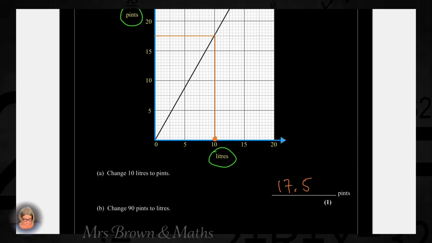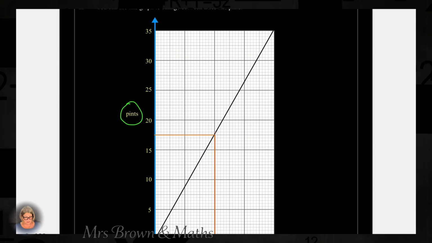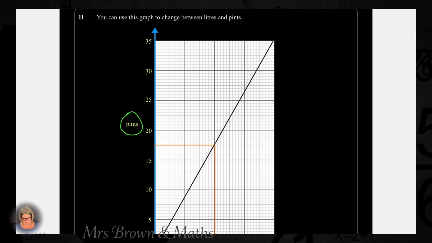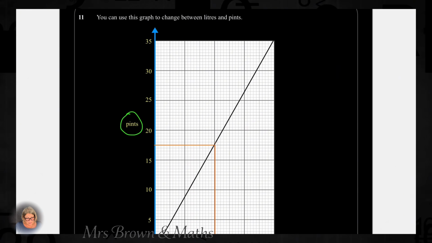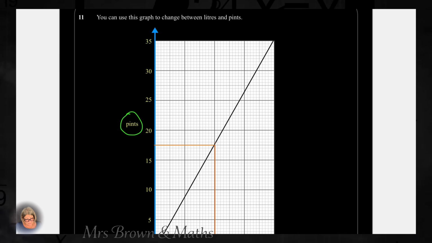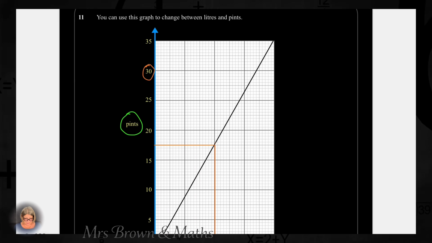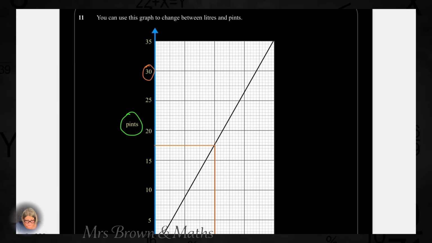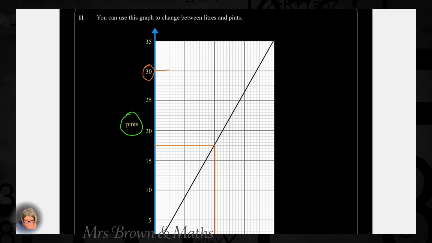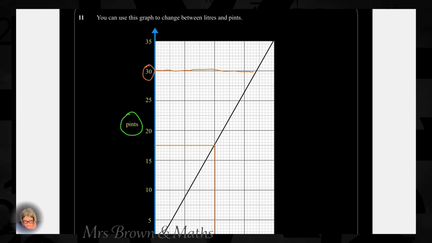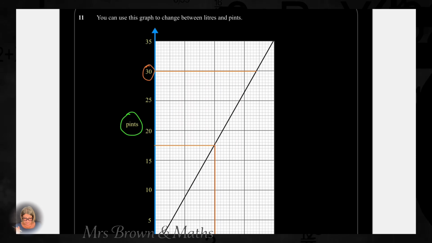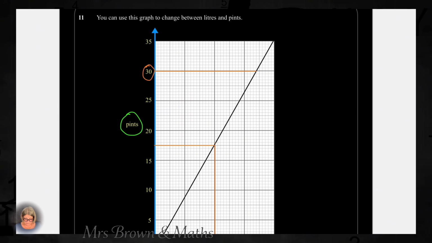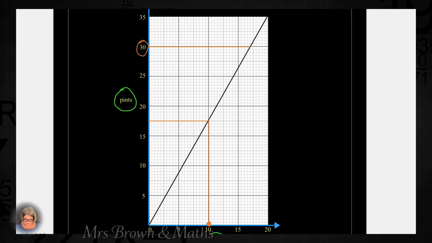Right, next question is B, a bit more interesting. So change 90 pints to liters, but we have, go to pints, we have maximum 35. What I'm going to do, I will work out 30 pints, change it to liters. Go right across till you cross the graph, and then go down to liters.